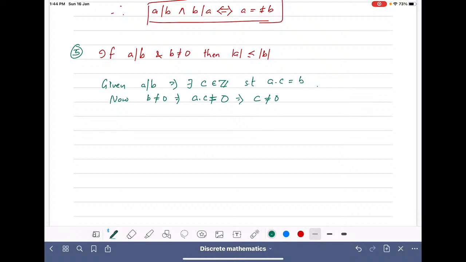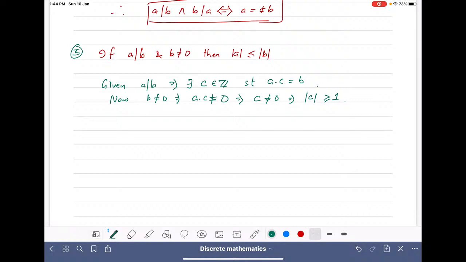C is non-zero means mod C is greater than or equal to 1. As always, modulus is greater than or equal to 0, and C is non-zero, that means it is greater than or equal to 1.